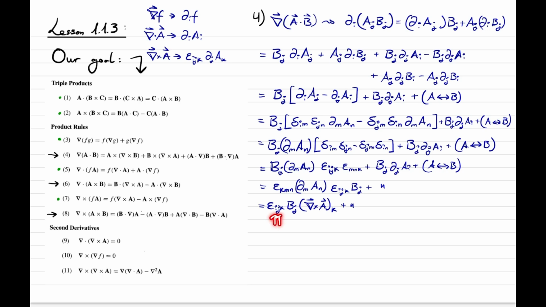Then in the second slot we have the b. In the third slot we have the kth component of this vector. So this is just going to be b cross curl of A, and this is a vector and it's the ith component.